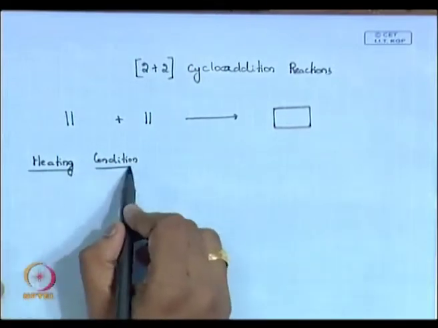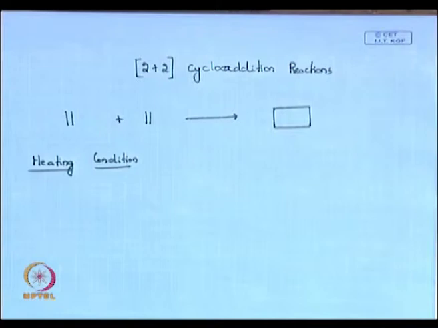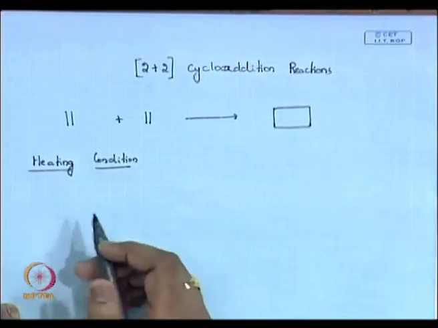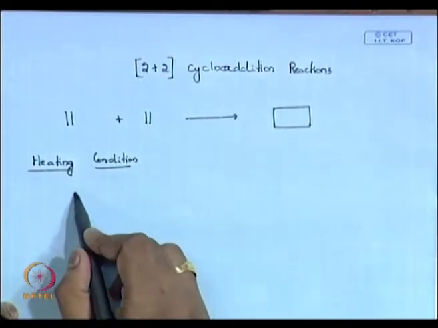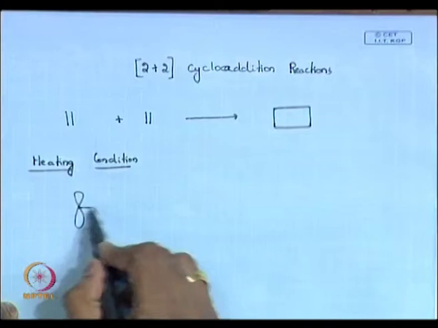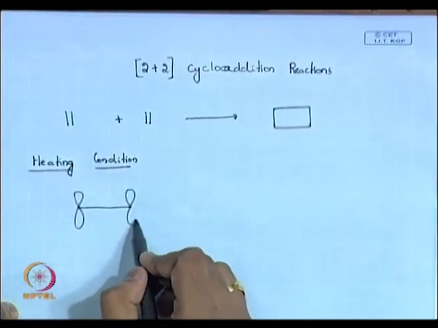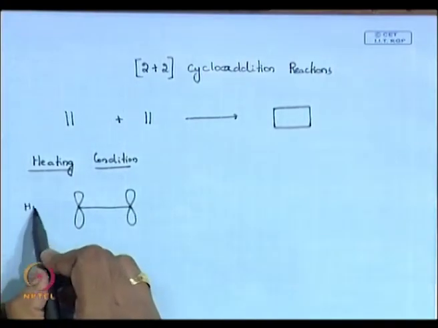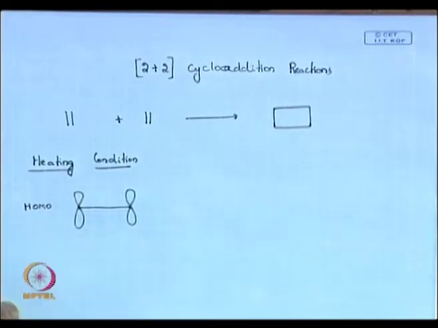what you can see in heating condition, that is thermal activation, how the orbitals look, because we know it is 2 plus 2. For example, we can take your alkene system. So, we will draw the HOMO of one of your alkenes.